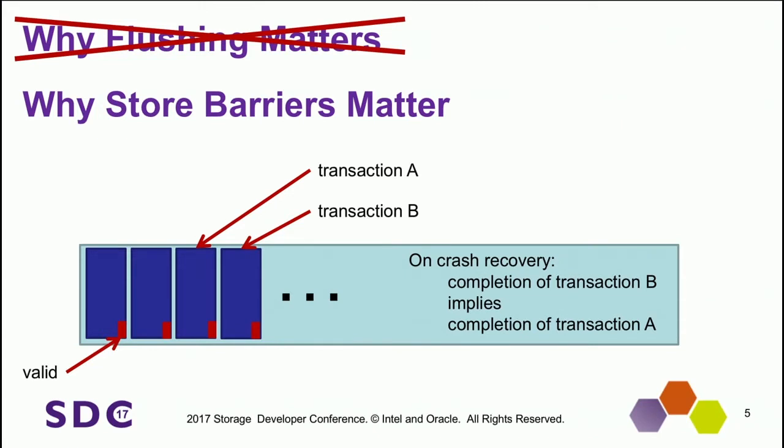One way of doing that is to write the information to a log, and when you know it's persistent, you write another little record, a sentinel value that says this is now a valid record. If you crash, on recovery you come back and look at these, and very often a program will say, this one, transaction B, is valid, so I can infer that transaction A is valid, because they're ordered. That's what store barriers are all about.